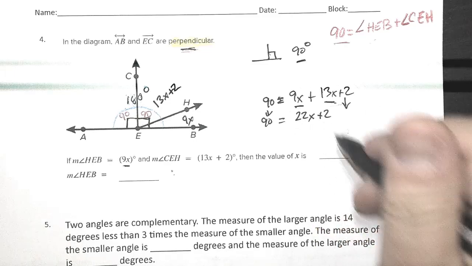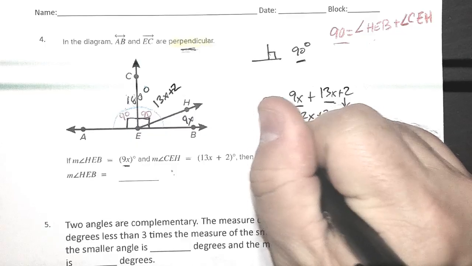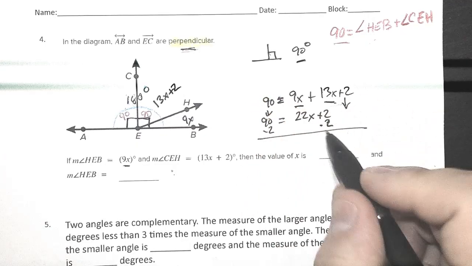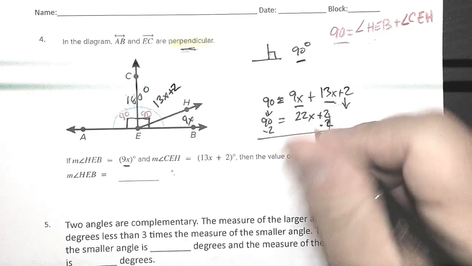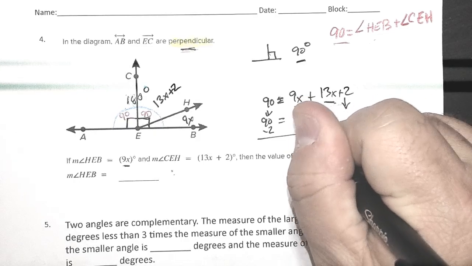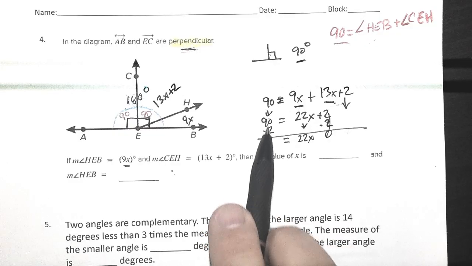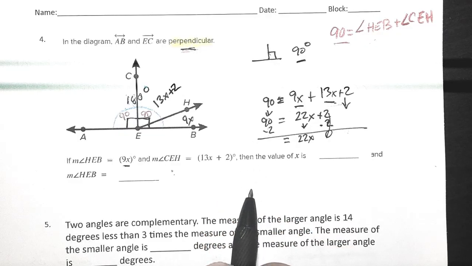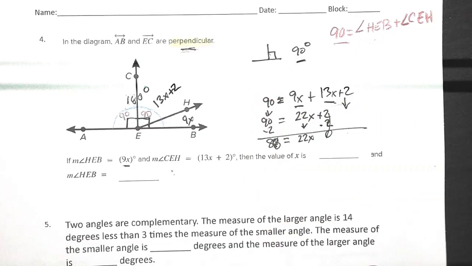The plus 2 over here, I need to get rid of it. So minus 2, minus 2. 2 minus 2 is 0, so it's gone. 22x comes down because we didn't touch it. Equals comes down. Now over here, 90 minus 2 is 88.